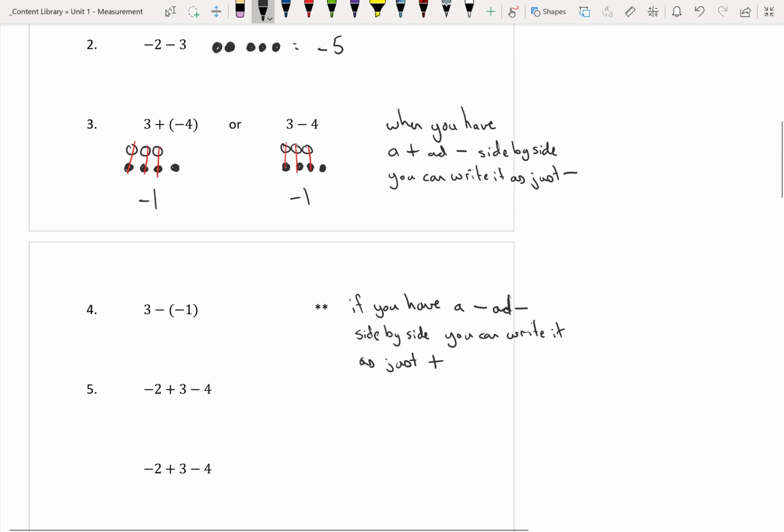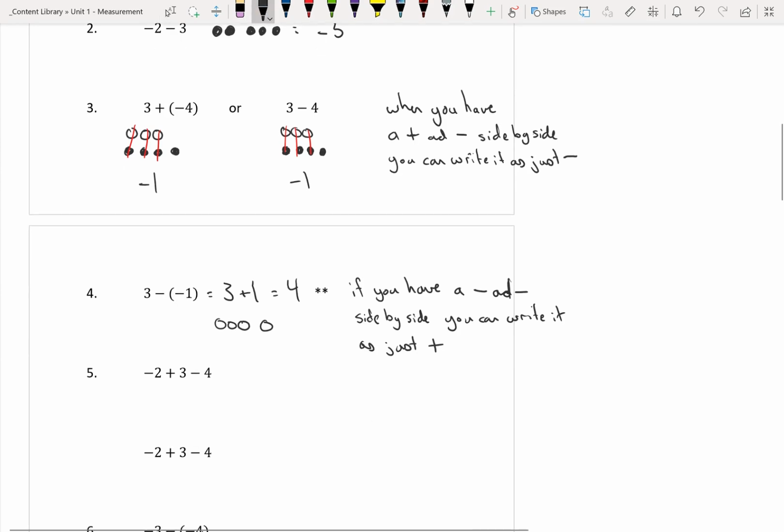So a negative minus a negative becomes a positive, or a minus and a minus side by side becomes a positive. So this can be written as 3 plus 1, which we can visualize as 1, 2, 3, and then one more. No 0 pairs, so this works out to 4.